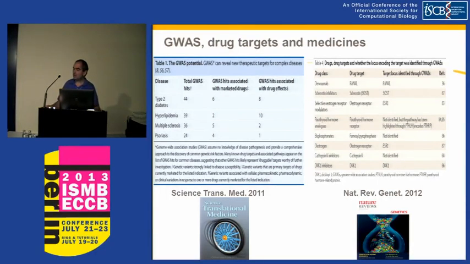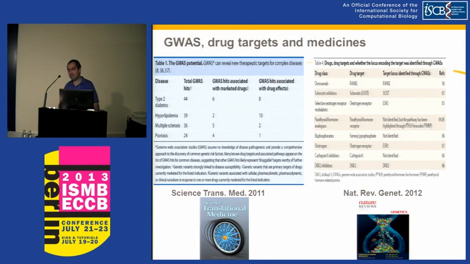And our colleagues and collaborators at McGill, Brent Richards and his collaborators, published in Nature Review Genetics a specific study on OA when they found that the GWAS signals, hit genes were enriched for drugs, either on the market or at least in phase 3.